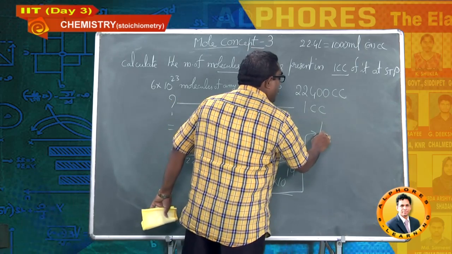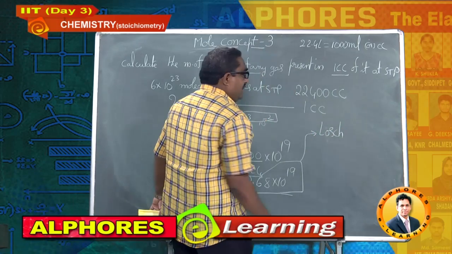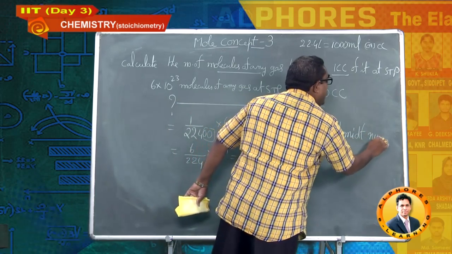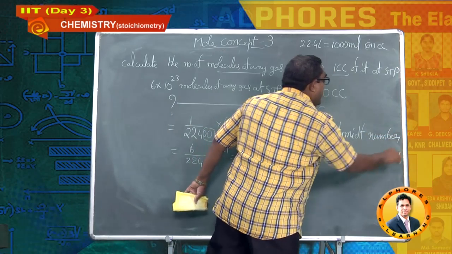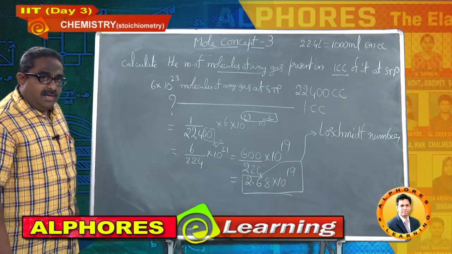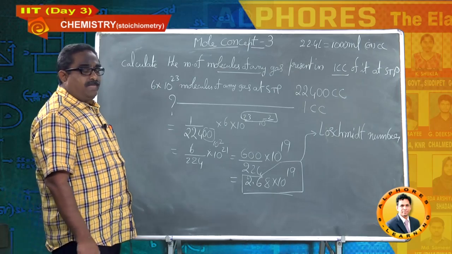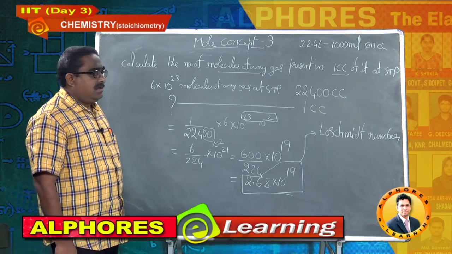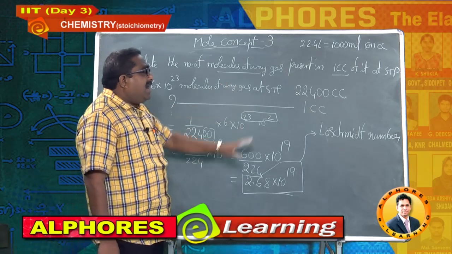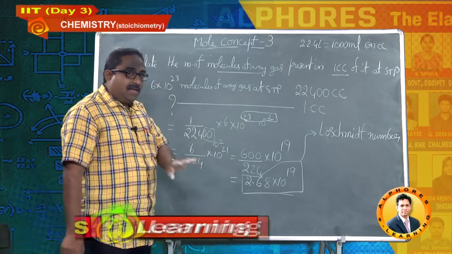I am writing here, note it down: Loschmidt, L-O-S-C-H-M-I-D-T, Loschmidt number. So what is meant by Loschmidt number? Loschmidt number is nothing but the number of molecules present in 1 cc of any gas at STP. If STP is not there, this is entirely wrong.